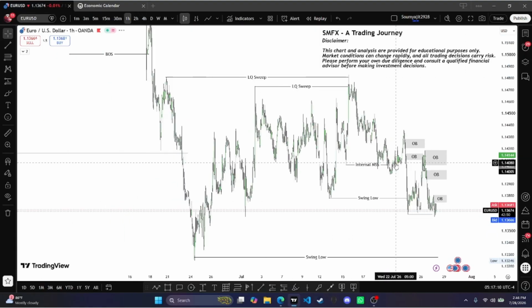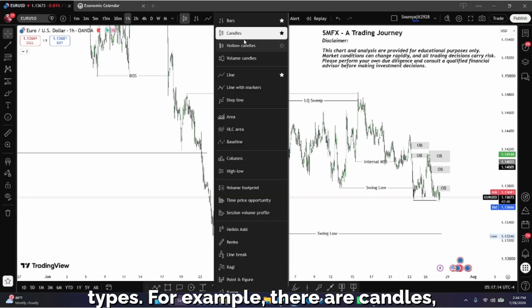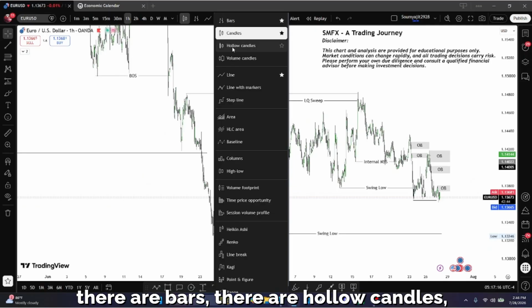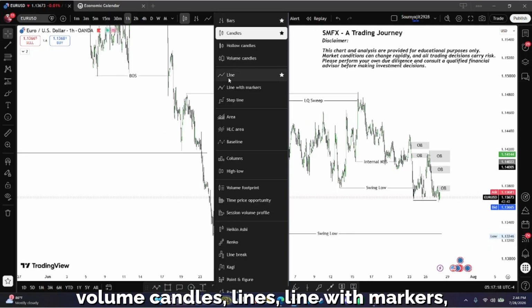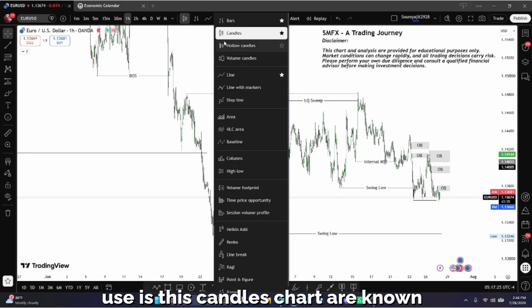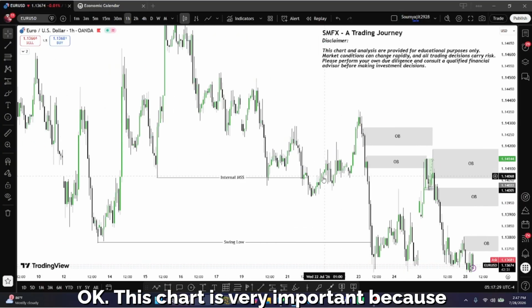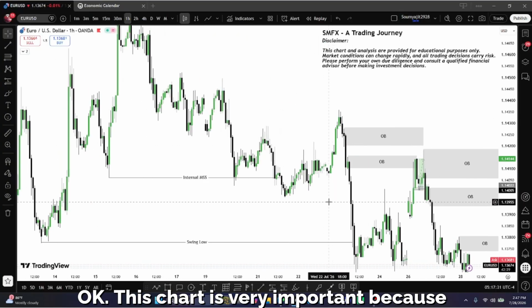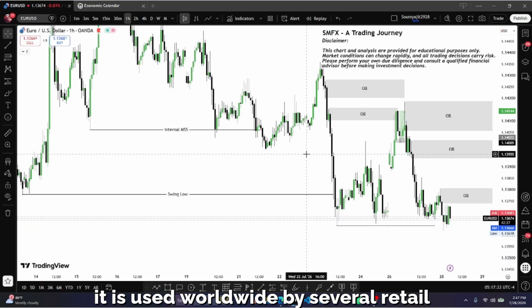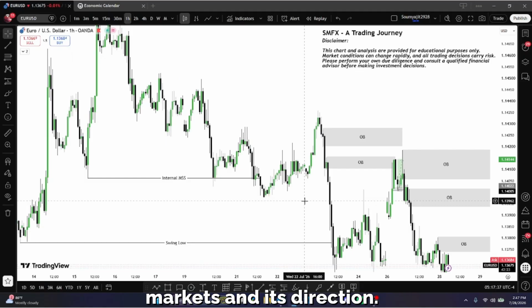Charts are generally of multiple types, for example candles, bars, hollow candles, volume candles, lines, line with markers, and so on. But the most used is the candles chart, known as the Japanese candles chart.